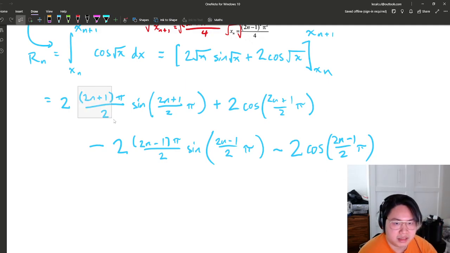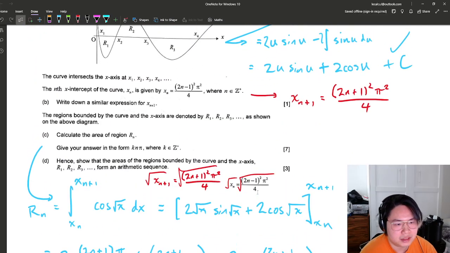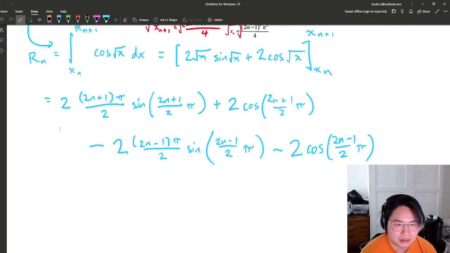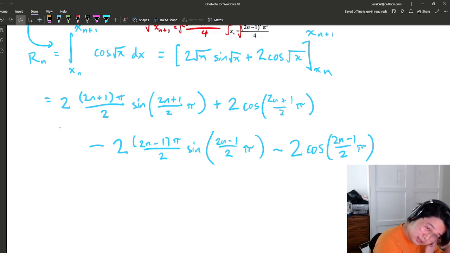Right, this is the square root of xn plus 1, and this is the square root of xn. And then, do I have to keep simplifying this? Give your answer in this form. So everything simplifies into something times n times pi.